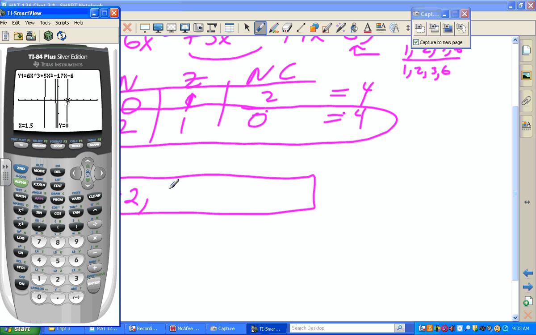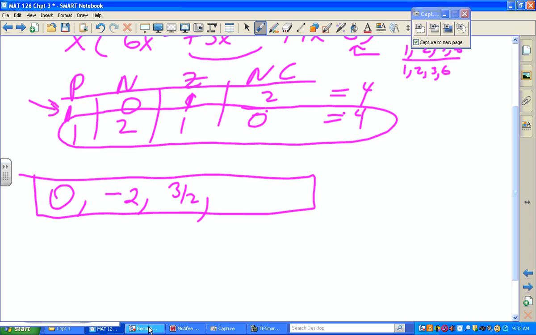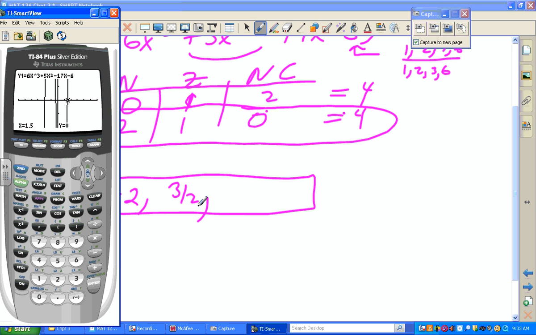Hey, 3/2 works. I'm down to 1. If you want, you can do synthetic division now and find it that way. Or negative 1/3. Second, calculate value negative 1/3. There you go. It works.